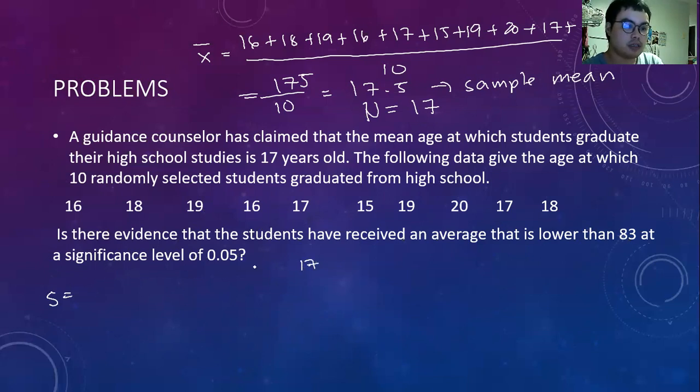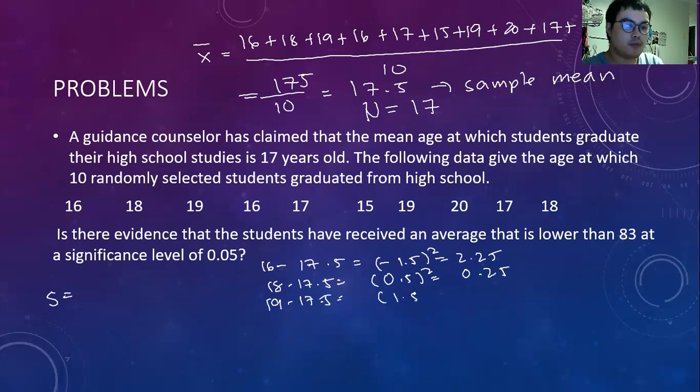So this will be 16 minus 17.5. It will be negative 1.5, then square, it will become 2.25. Then 18 minus 17.5, it will become 0.5 squared, it will become 0.25. Then 19 minus 17.5, it will become 1.5 squared, it will become 2.25.